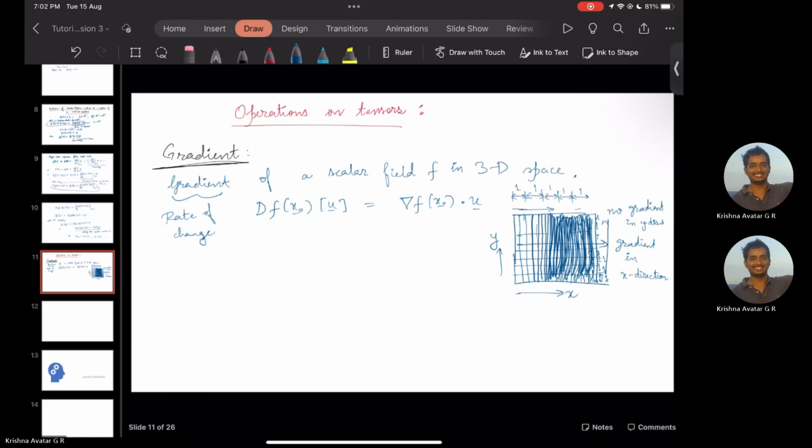Like in this case, I defined x and y directions: along x we found a gradient, and along y there was no gradient. Just like that, we have the directional derivative, where we find the gradient in some direction. Now you clearly see the relation between the gradient and the directional derivative.